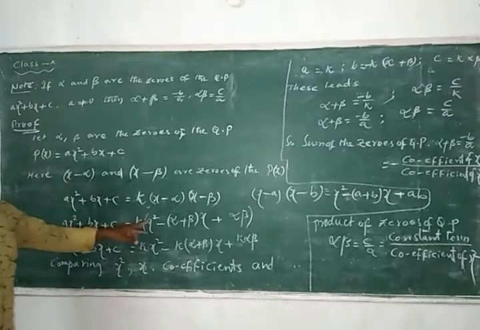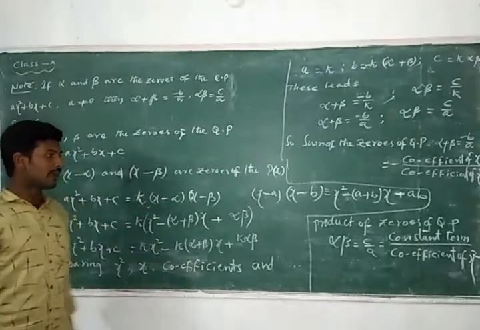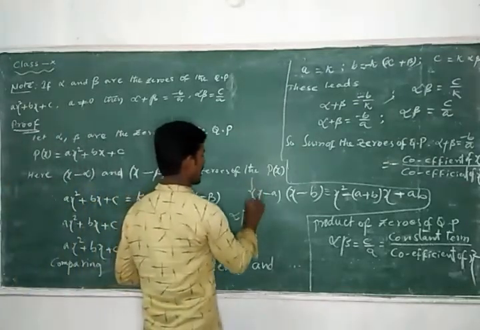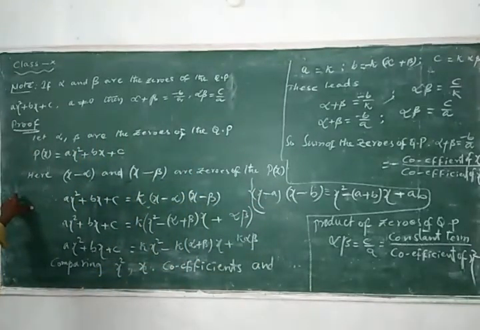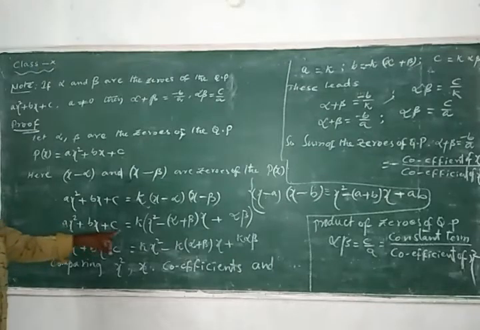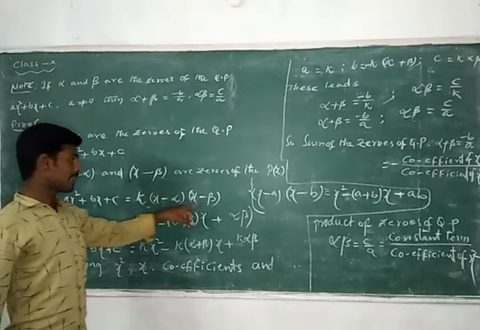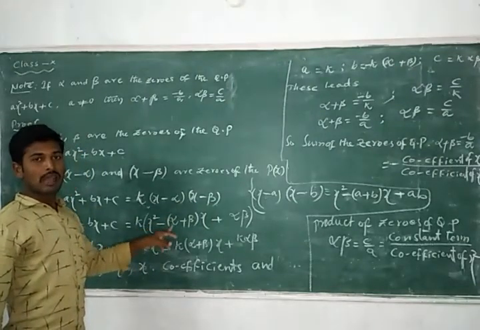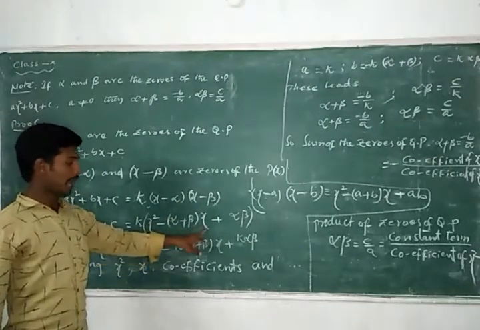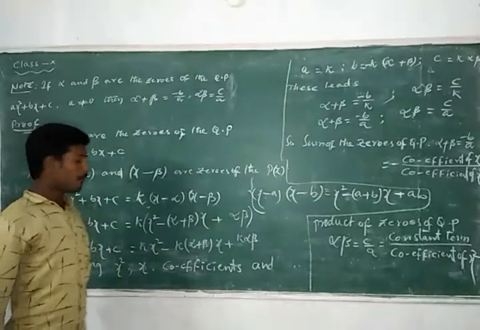Now we multiply x minus alpha, x minus beta; by comparison with the identity x minus a, x minus b is identically equal to x square minus (a plus b) into x plus ab, we get x square minus (alpha plus beta) into x plus alpha beta.